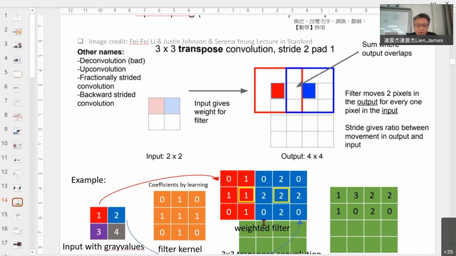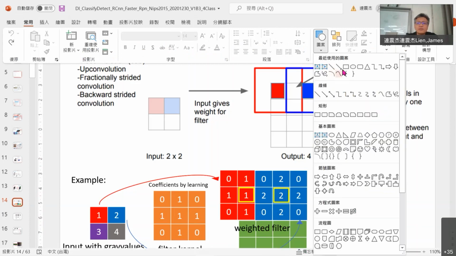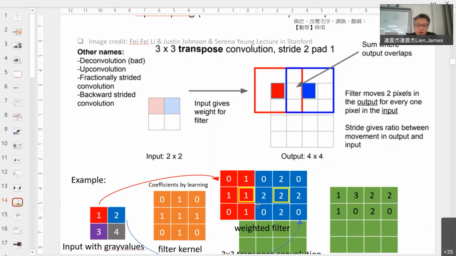So this actually 4 by 4 is here. So you put 0 here, and you zoom here, so it becomes this one. And you shift 2, and then you shift 2 again. Because 4 by 4 is here, that's easy to see. Your original image size is here.